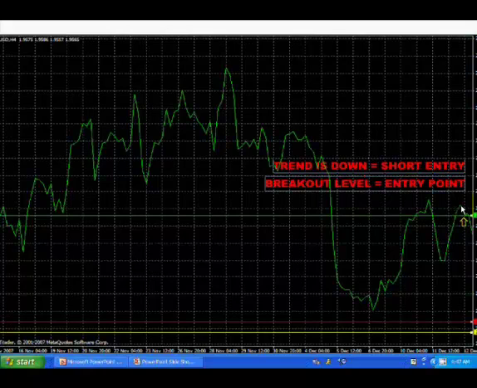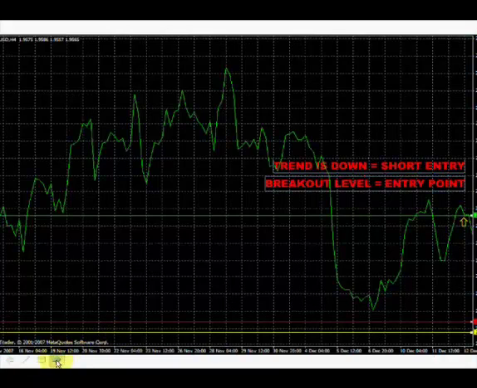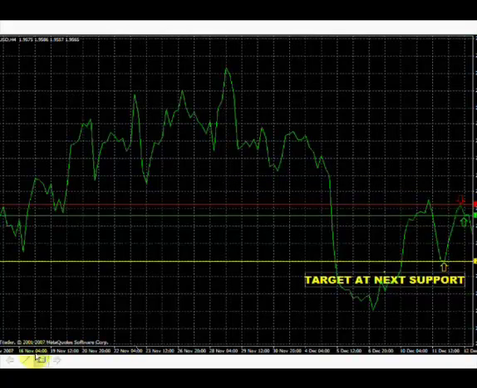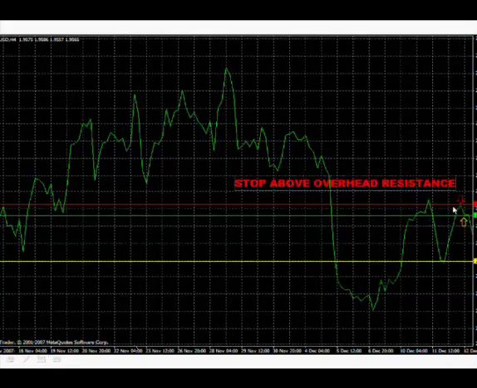So where would you place your stop knowing what you know right now? You would place your stop above this high, because this high is the next level of resistance.